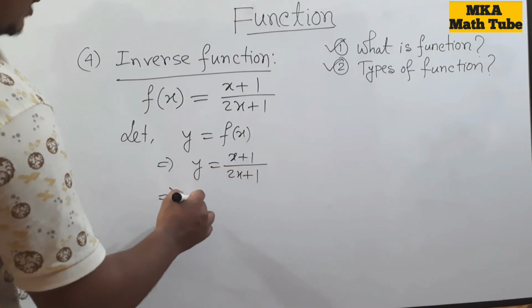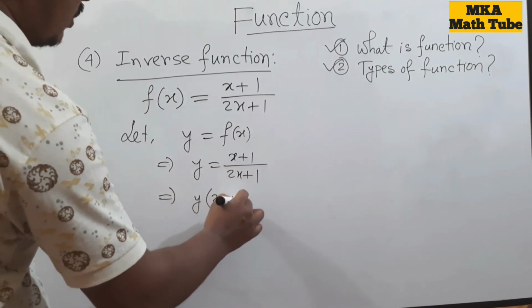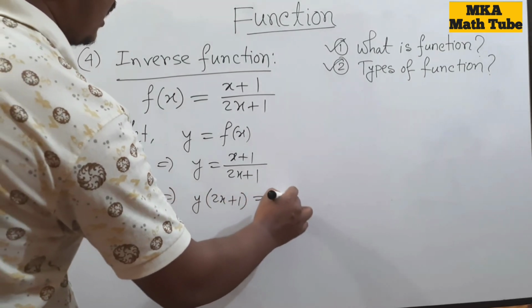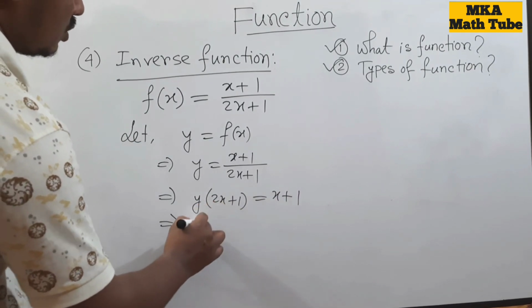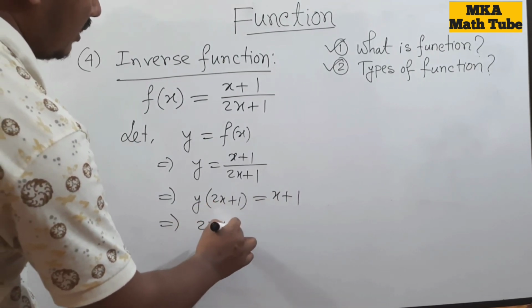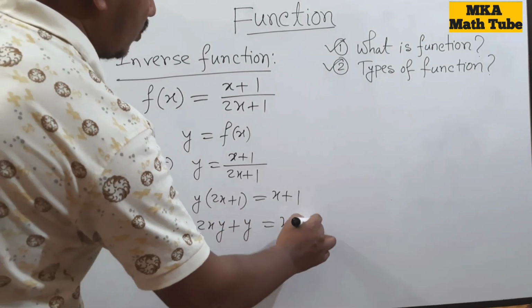We cross multiply, that will be y(2x + 1) = x + 1. If we multiply, 2xy + y = x + 1.